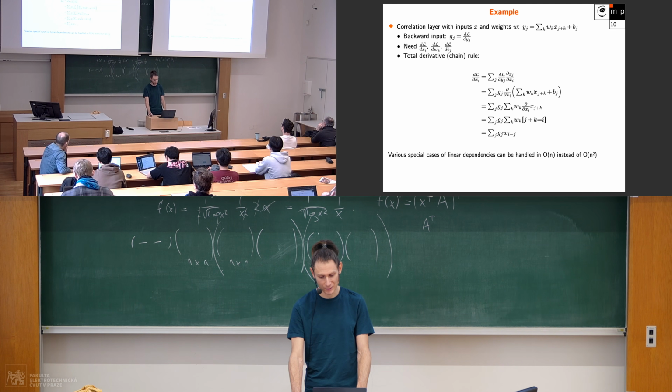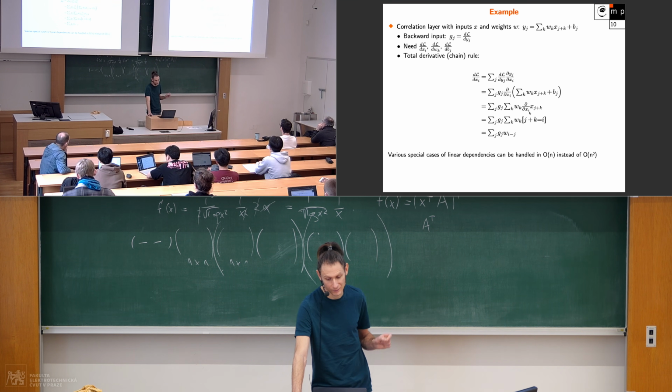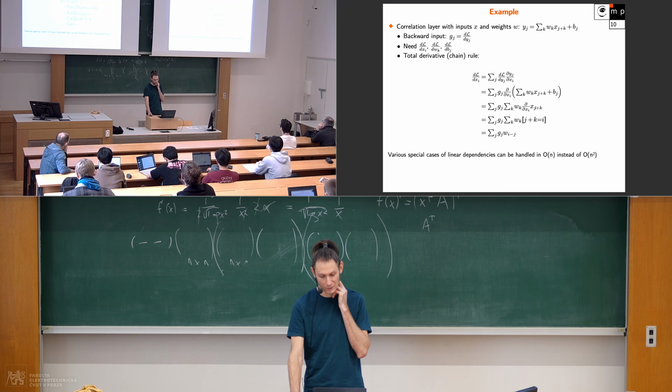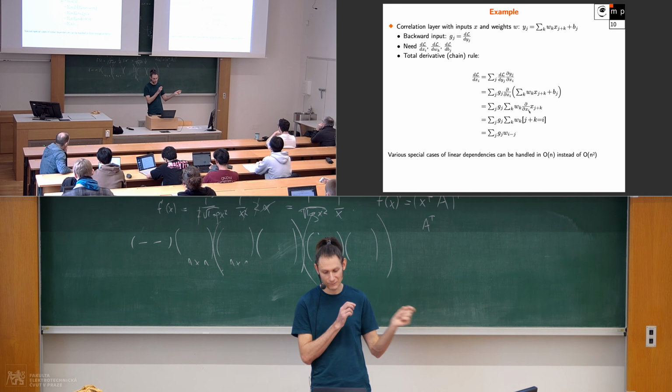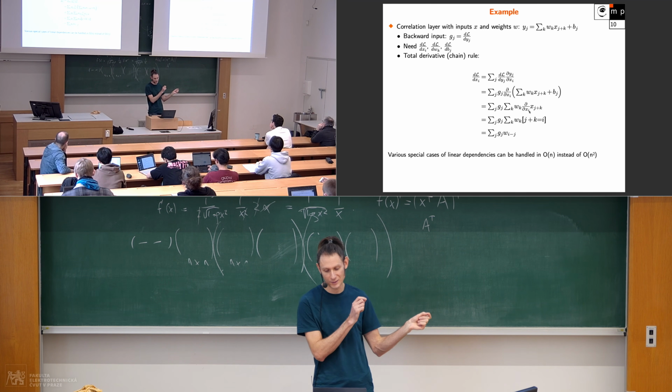We can differentiate x_{j+k} with respect to the coordinate x_i. In these coordinates, what we formally do is that this is going to be 1 if the index j plus k equals the index i. Otherwise, we are differentiating with respect to some other coordinate, and that's 0.